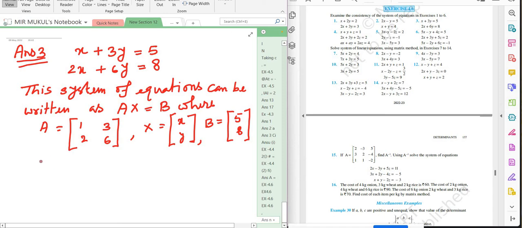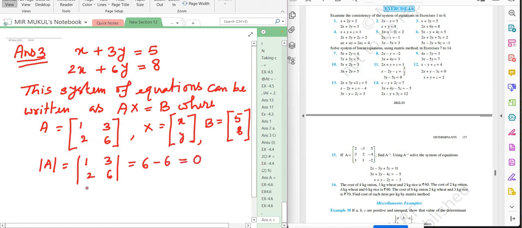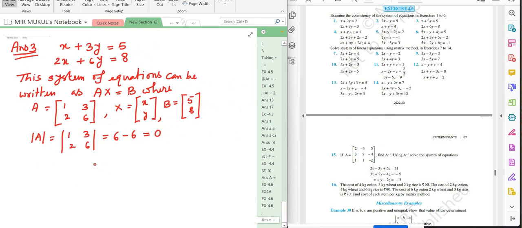Now find determinant of A. So determinant of A, 1, 3, 2, 6. So 6 minus 6, here we are getting 0. That means the system of equations has what? Either no solution or infinitely many solutions.